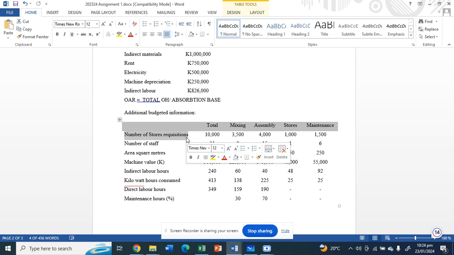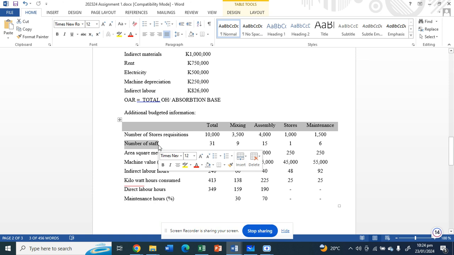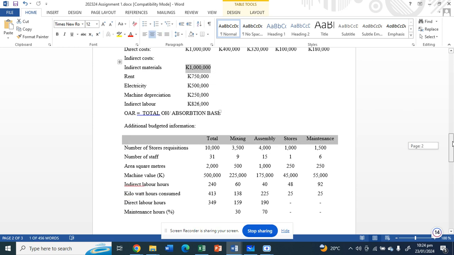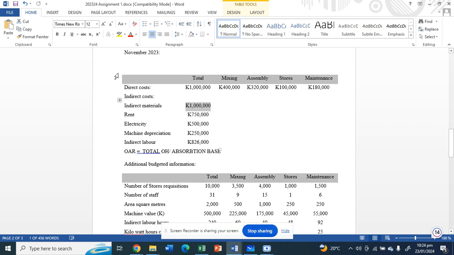There's going to be direct materials and also indirect materials. Number of staff really wouldn't be a good apportionment basis for indirect materials. Even area in square meters, machine value, and these others wouldn't be logical. So we're going to use number of store requisitions to apportion this 1 million for indirect materials to the other four departments.